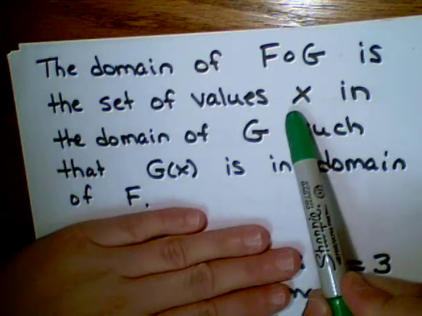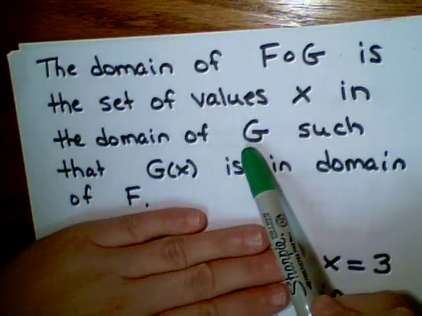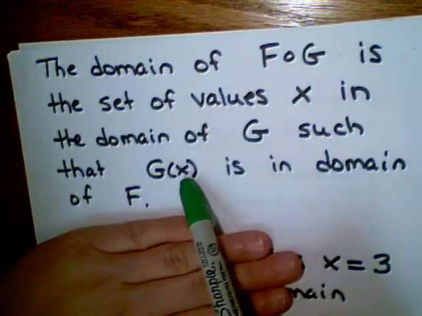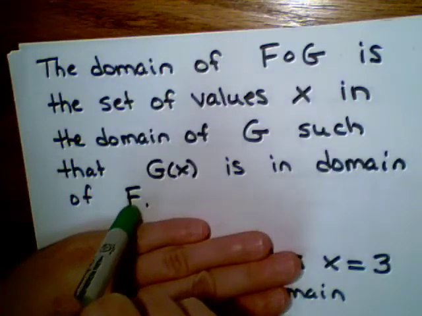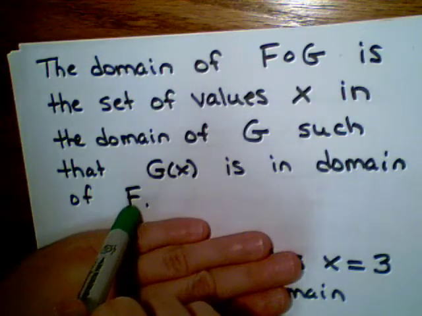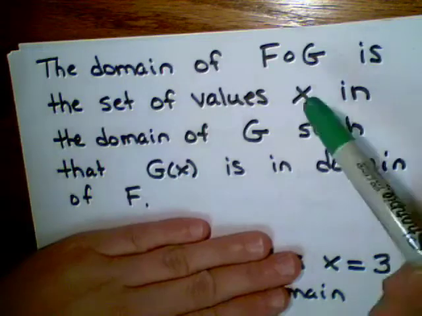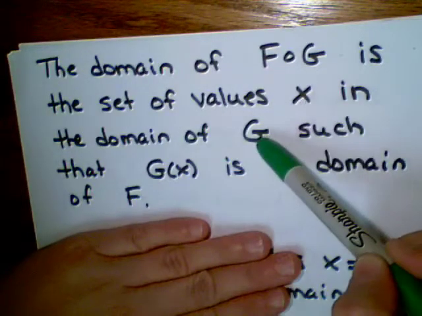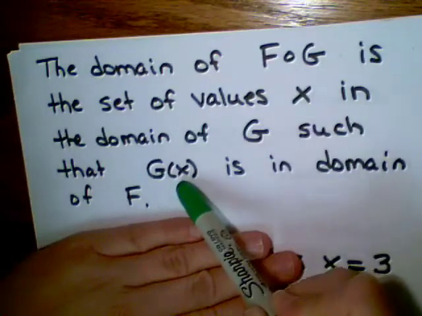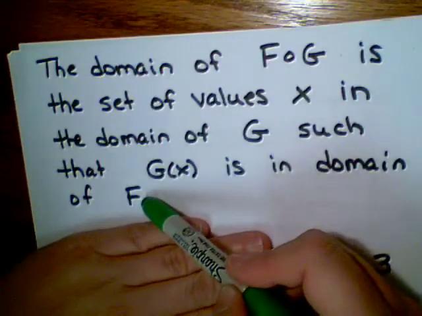The set of values of x where x is first in the domain of g, and second, it's just the set of values of x such that g of x will end up being in the domain of f. So each value x in the domain has to satisfy two things. X has to be in the domain of g, and when you plug in x to g, g of x has to be in the domain of f.